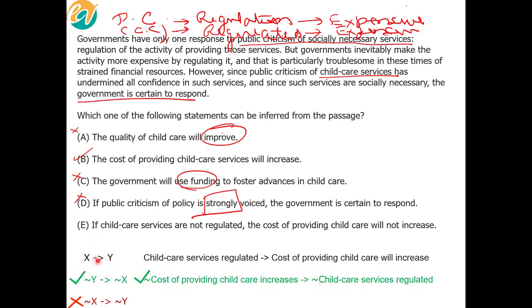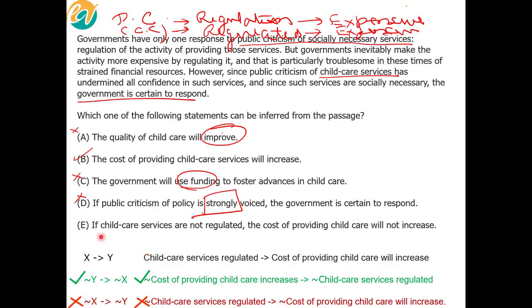But from this, remember we discussed that you cannot conclude this. So which means from this, what can you not conclude? Yes, from this, what can you not conclude? Yeah. So if childcare services are not regulated, then cost of providing childcare services will not increase.